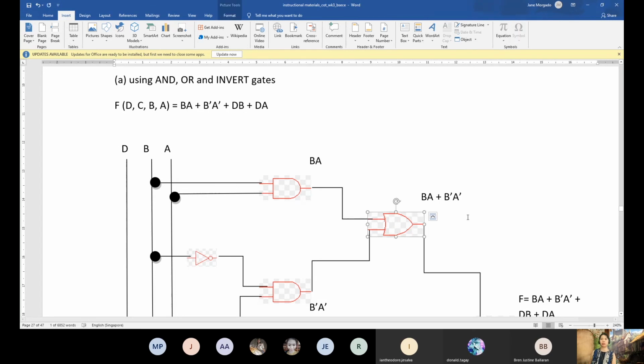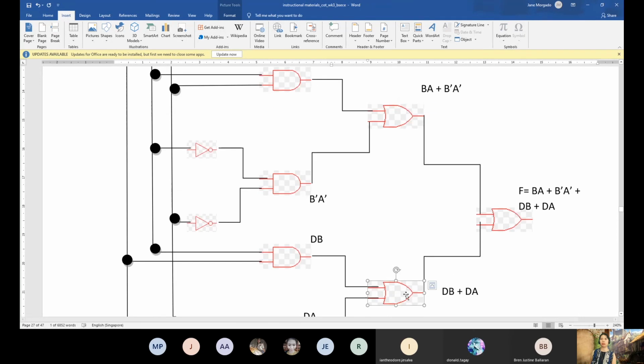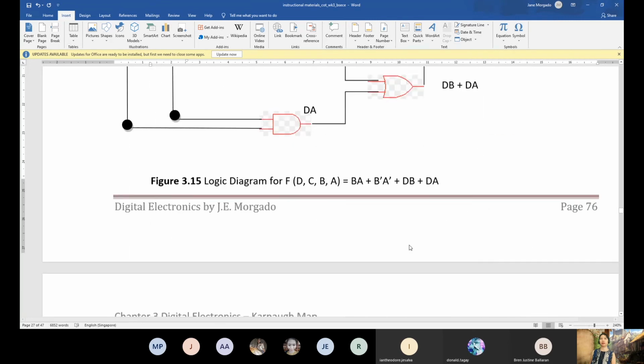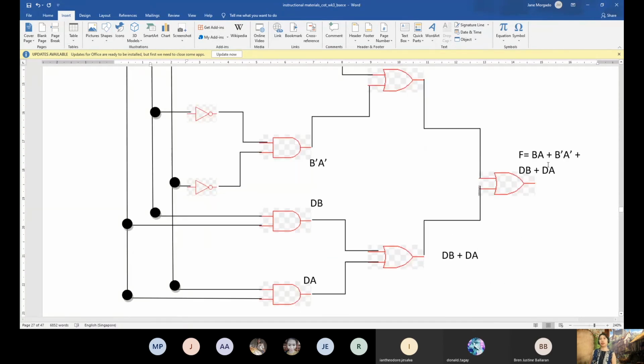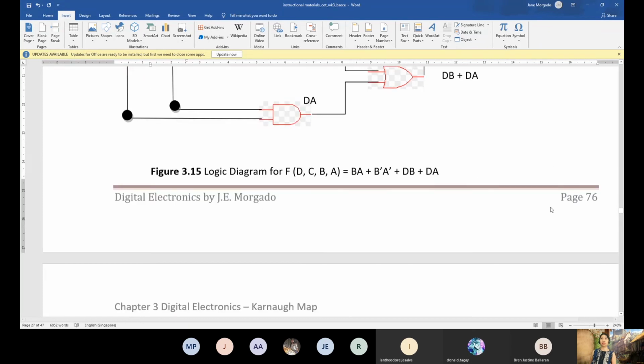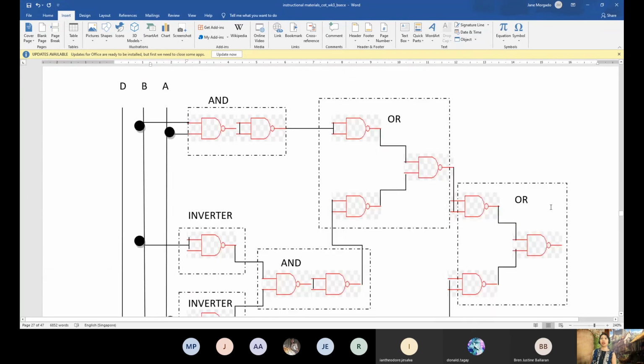So it becomes BA plus B prime A prime plus DB plus DA, and this is our F. This is our initial logic circuit diagram for F equals BA plus B prime A prime plus DB plus DA. Okay, let's convert this one.